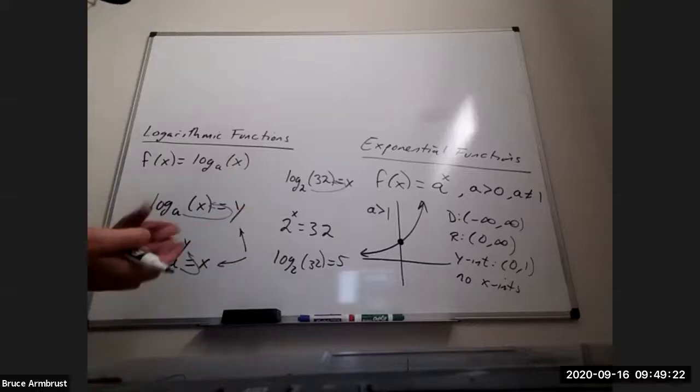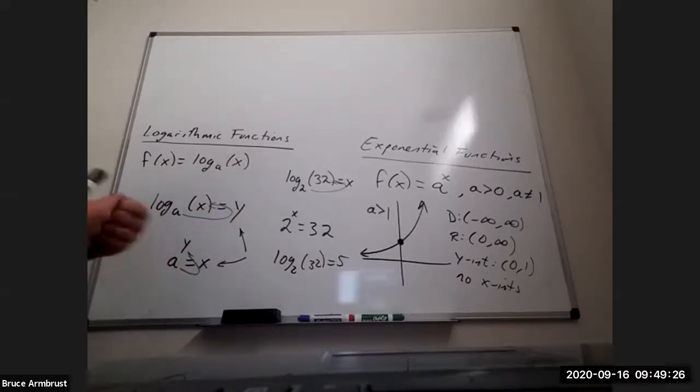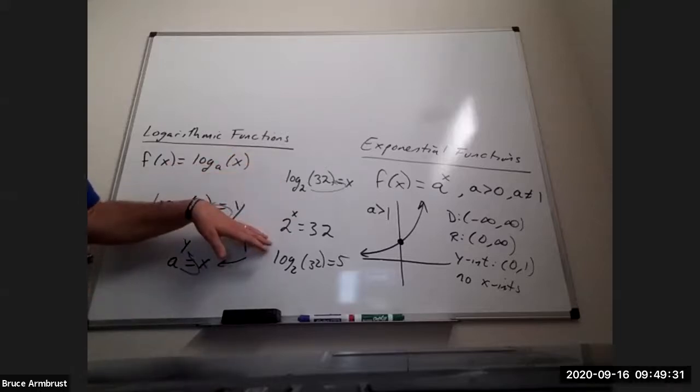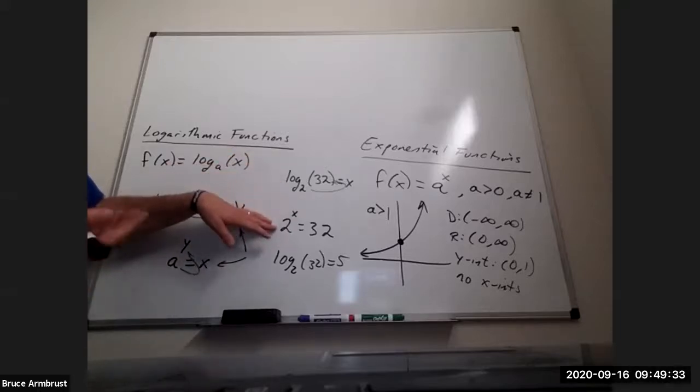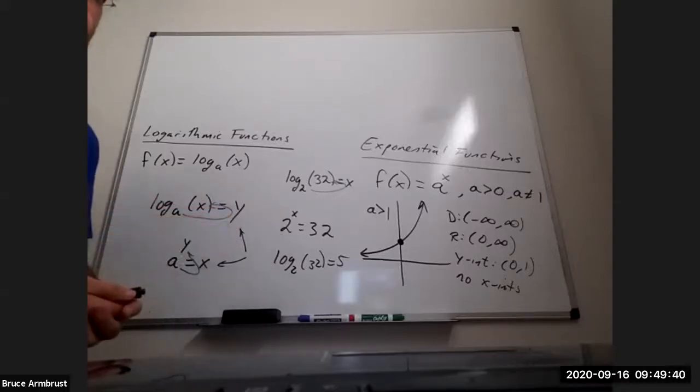So if you ever hear me say flip it over, turn it over, convert to exponential form, this is what I'm talking about. And you notice how useful it is.